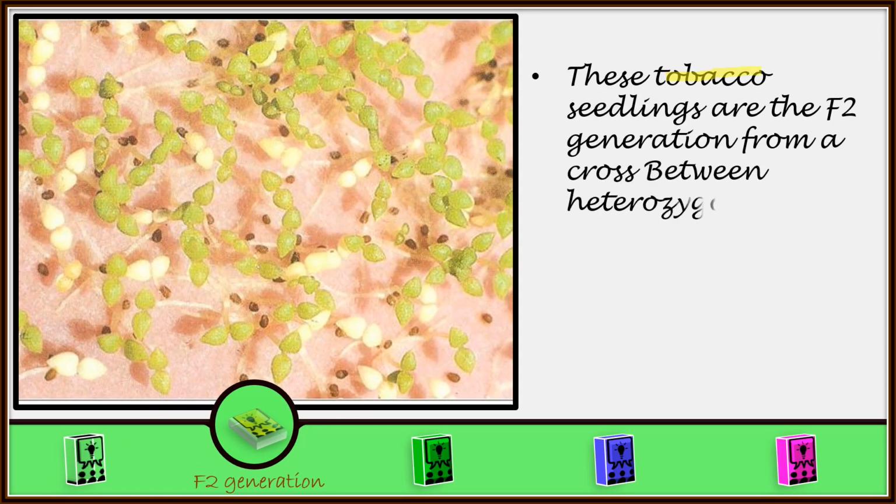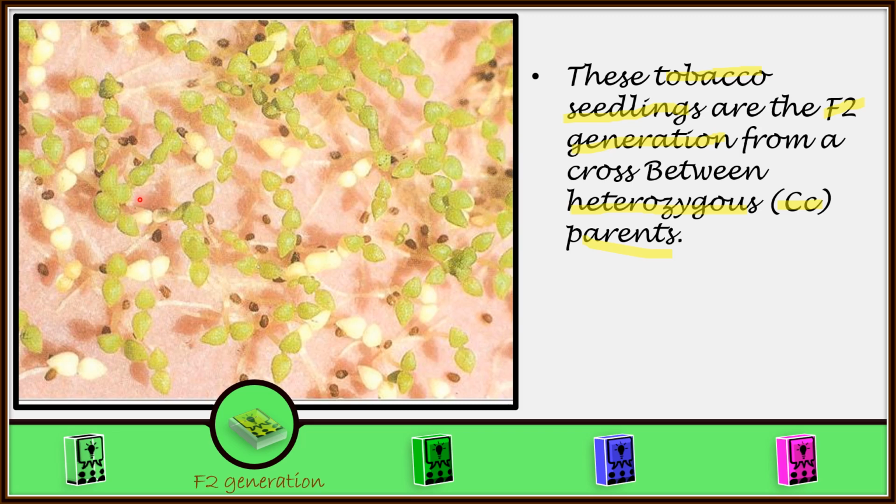These tobacco seedlings are the F2 generation from a cross between heterozygous, capital C, small c, parents. Now we have tobacco seedlings here. You can see that some of them are green, others are white, meaning that those we are seeing as white don't have chlorophyll.